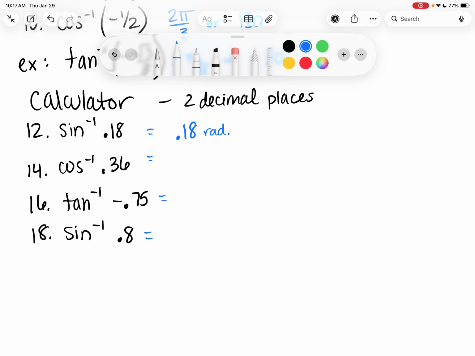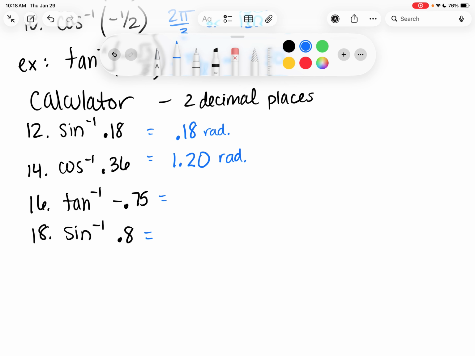And then tangent, second tangent of negative. Make sure you use the negative that's under the 3, not the minus sign on the right-hand side. What do we get on that one? Yep. And then we got another sine one, so second sine of 0.8. What do we get on that one? 0.93. Oh, I forgot to write radians on those.